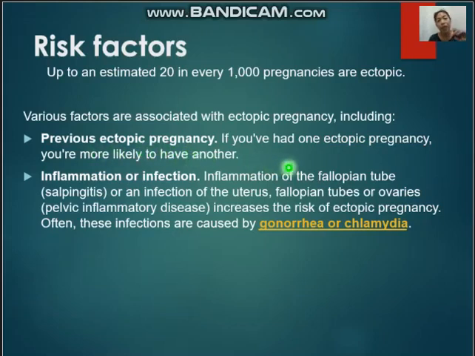If you had a history of an ectopic pregnancy, there is a bigger chance for you to have another episode in a future pregnancy. Another risk factor is inflammation or infection. Inflammation of the fallopian tube, otherwise termed salpingitis, or an infection of the uterus, fallopian tubes, or ovaries, which compose pelvic inflammatory disease, increase the risk of ectopic pregnancy.